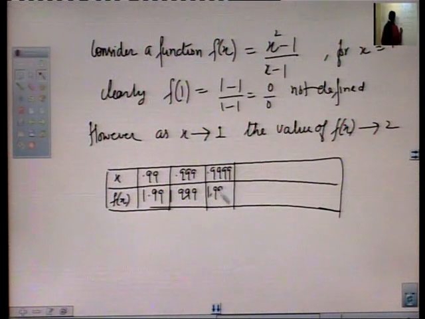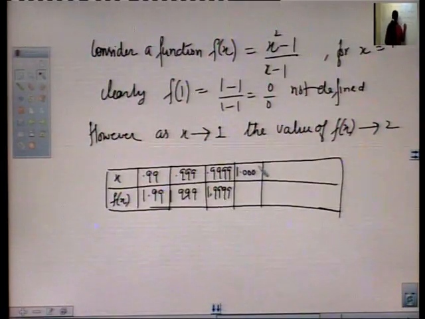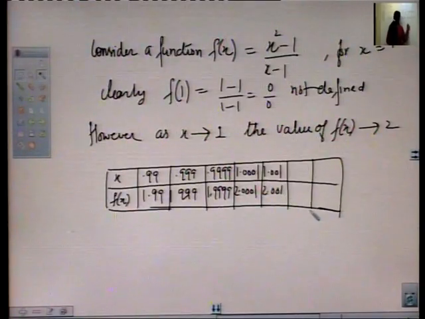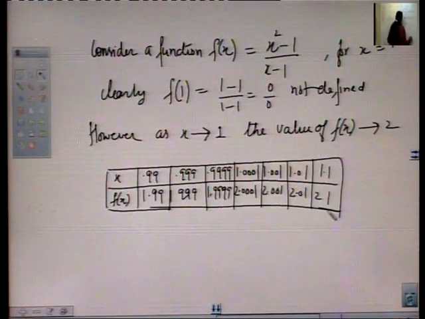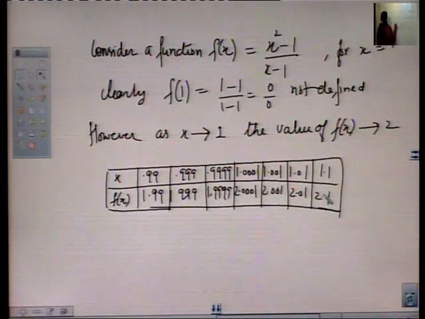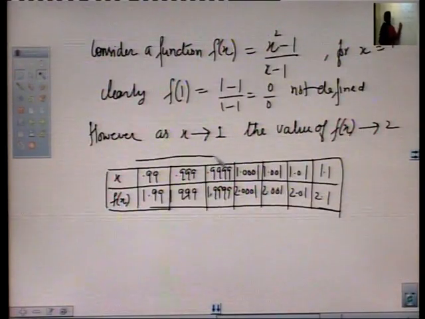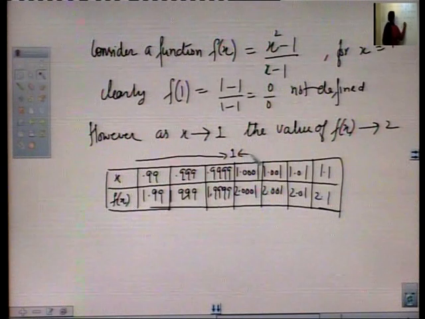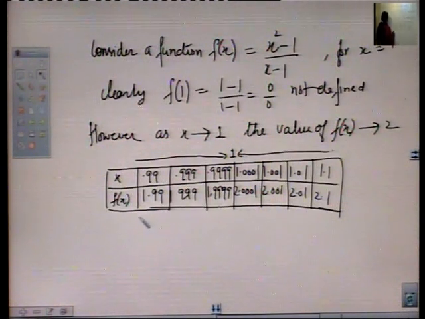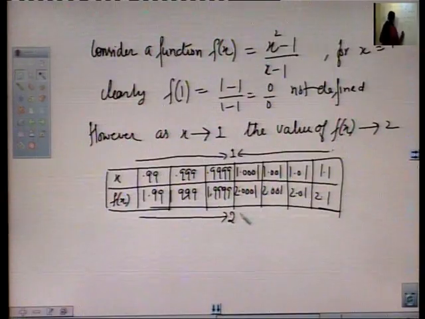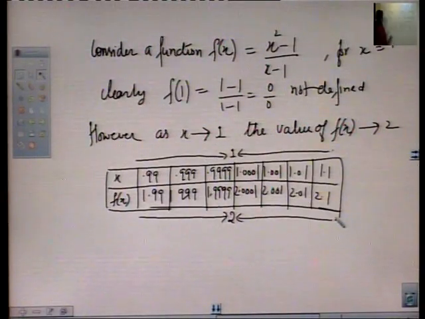And if we take the values from the other side, this is 1.001, then we get 2.001, and 1.01 gives 2.01. So, we see when x is approaching to 1 from both sides, f(x) approaches to 2 from both sides.